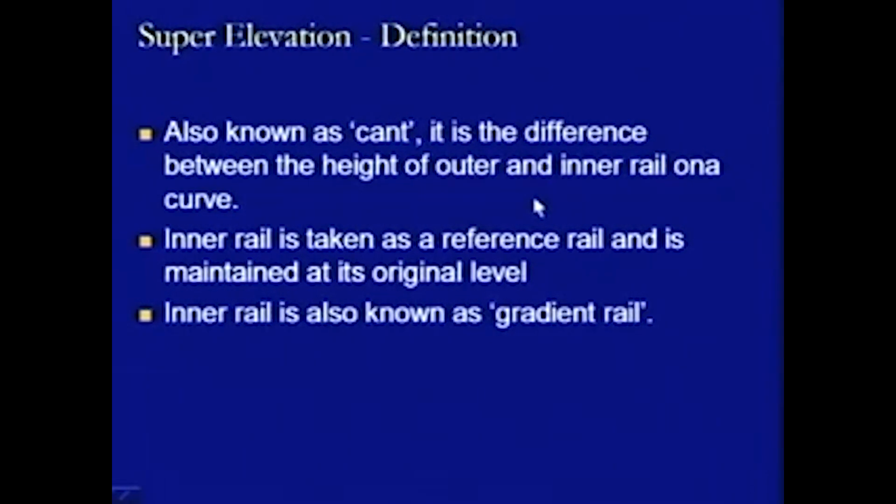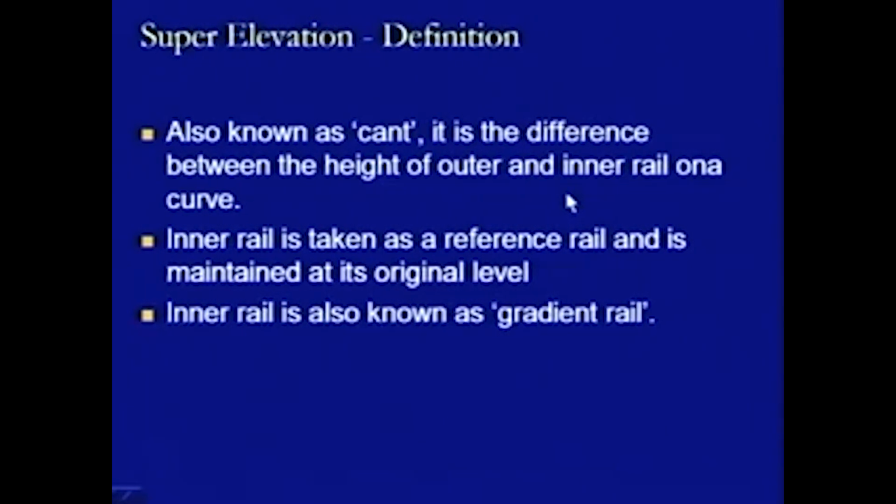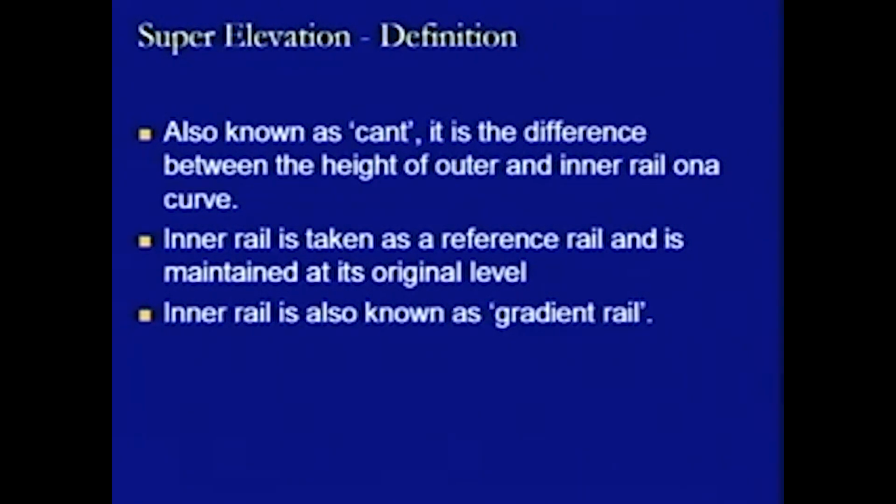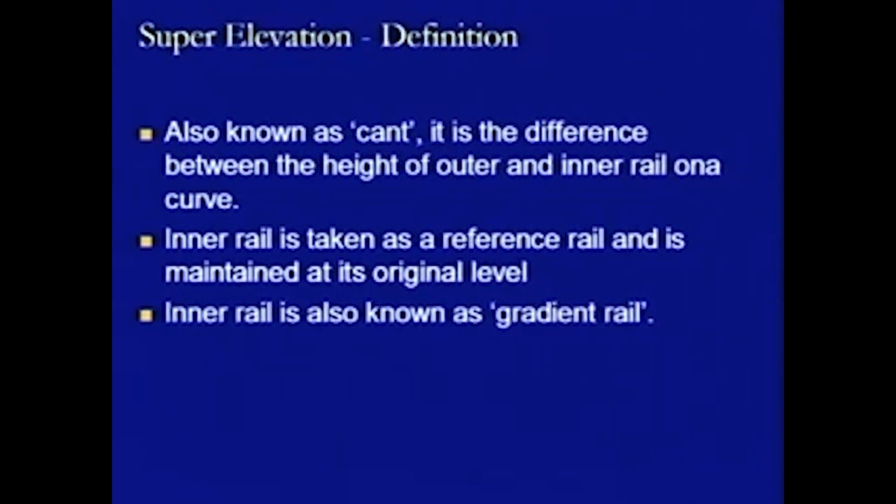In this case, the inner rail is taken as a reference rail and is maintained at its original level, whereas with respect to this inner rail, the outer rail is raised by a value equal to the super elevation, and the inner rail is also known as the gradient rail.